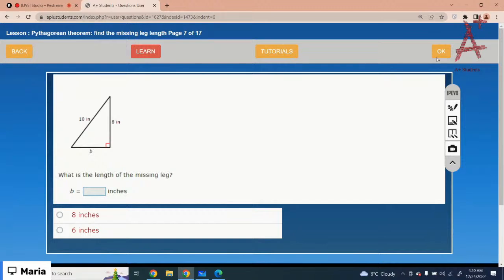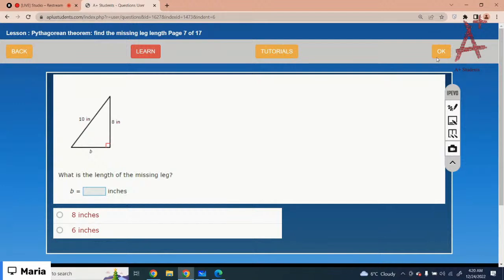Be quick. 10 squared is 100, minus 8 squared is 64. 100 minus 64 is 36. The square root of 36 equals 6.